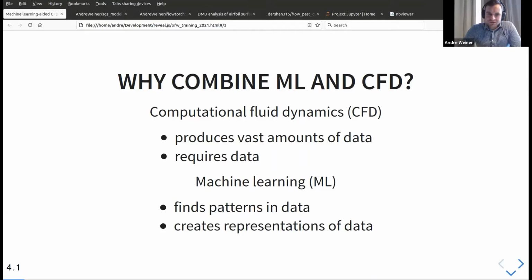And then on the other hand, we have machine learning. Machine learning is basically a toolbox that allows you to find patterns in data, and sometimes it also gives you a very useful representation of your data. So these two fields complement one another quite well.